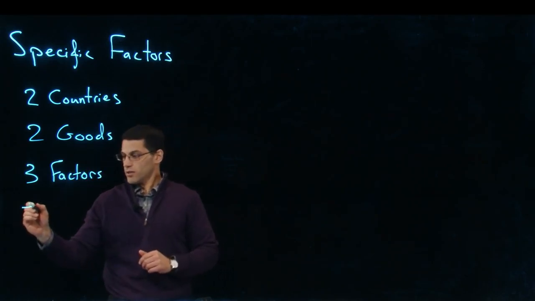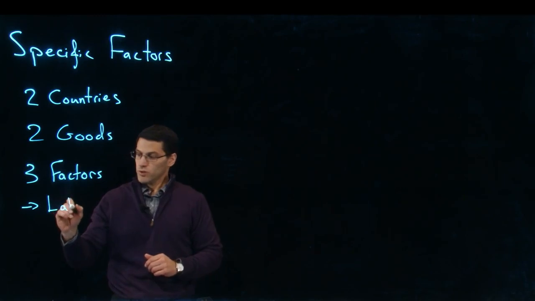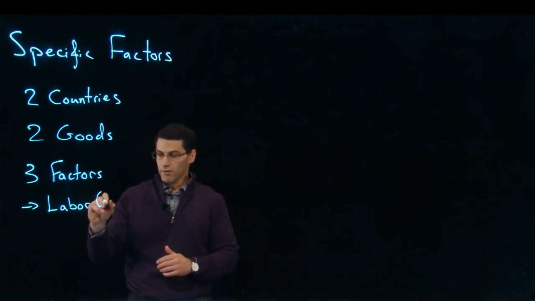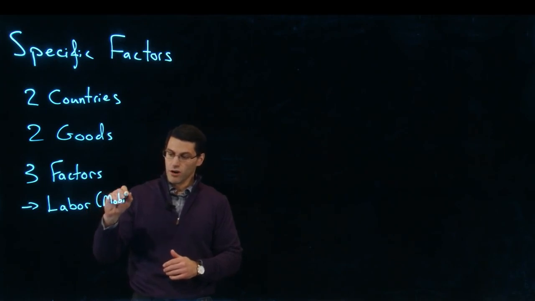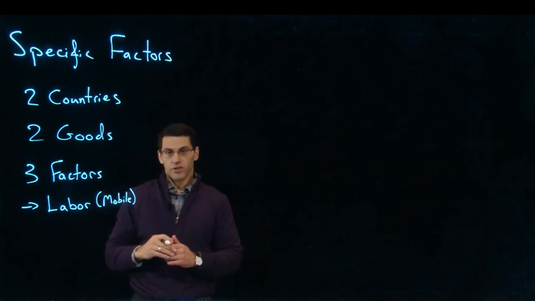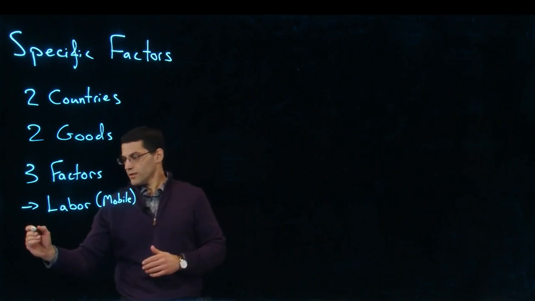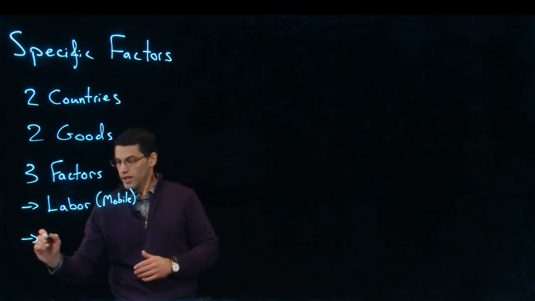And these are labor, which, for the sake of this exposition, is going to be the mobile factor. Right? So just like in the Ricardian model, labor is going to be free to move between the two sectors. And we're also going to have capital.